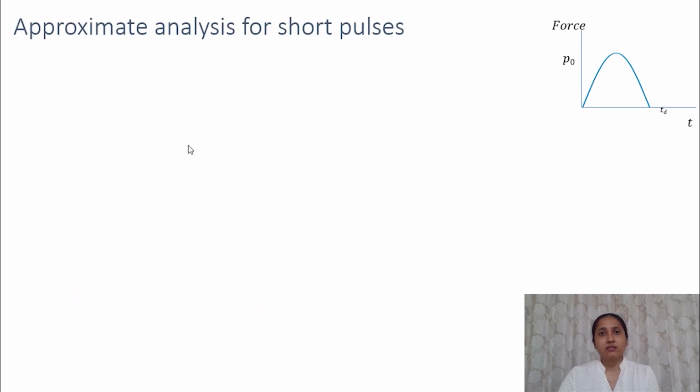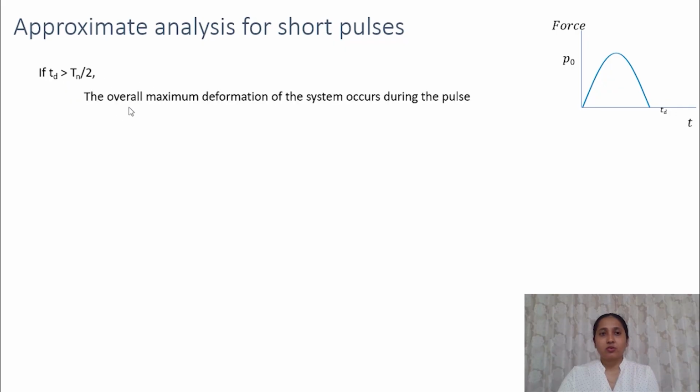So we have seen the responses for two different types of pulses. Based on the results, we can find an approximate analysis method for short pulses. So far we have seen that if the duration of the pulse is greater than Tn by 2, that is, natural period by 2, then the overall maximum deformation of the system occurs during the pulse, and the pulse shape influences the maximum response.